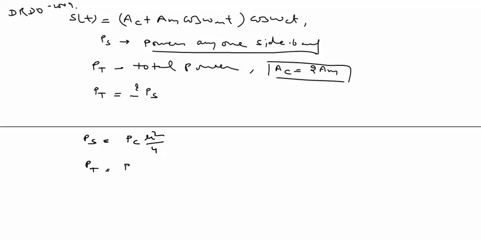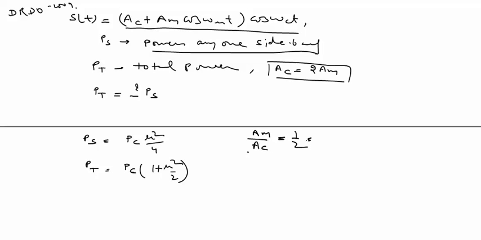For PT we have another formula, given for a standard AM waveform. The relation between A_m and A_c is half, which is known as mu. If we know mu, we can directly relate them.